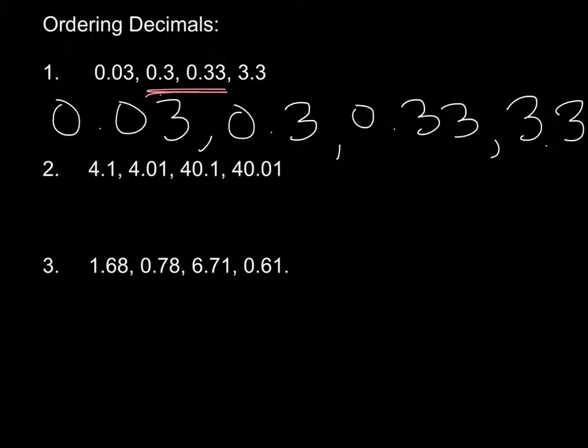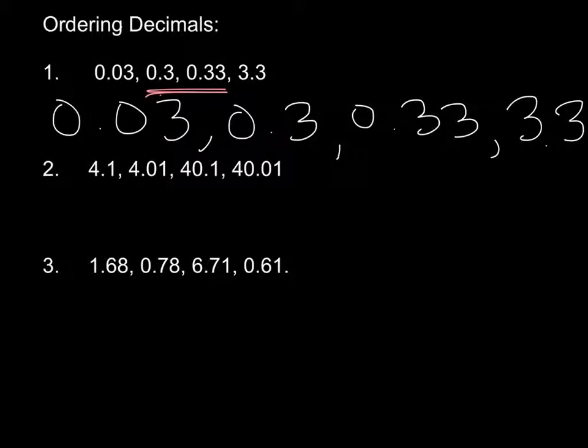Here are my decimals for problem 1 in order from smallest to largest. I would like you on your whiteboard at this time to put problems 2 and 3 in order from smallest to largest. Stop the video and do that now.